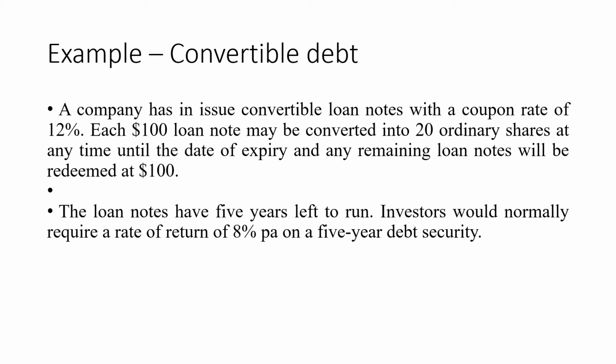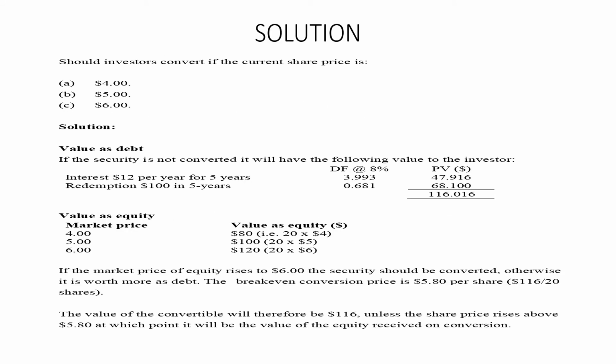Over here, the question asked is whether the investor should convert if the share price is $4, $5 or $6. First of all, we have to find out the value of that instrument if it is not converted into shares or equity.